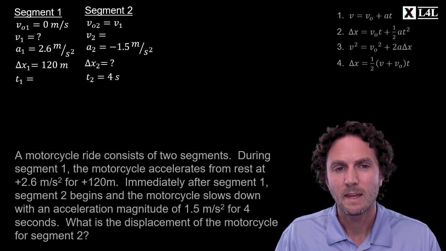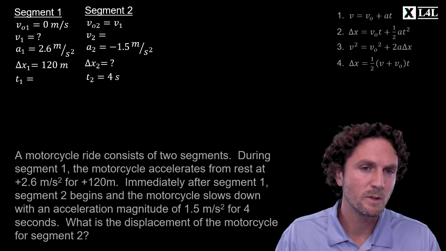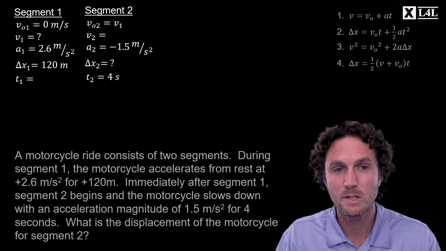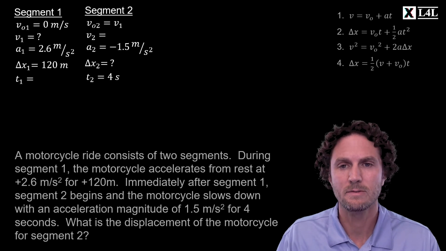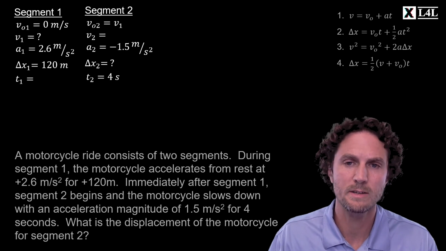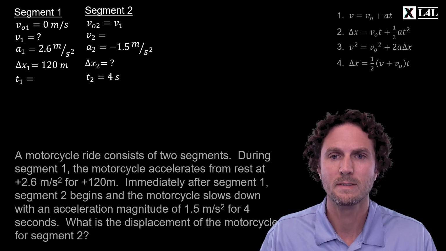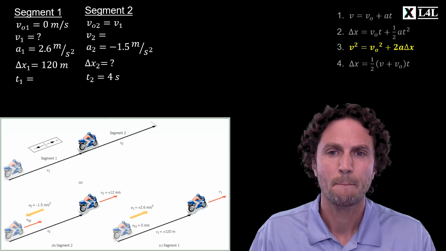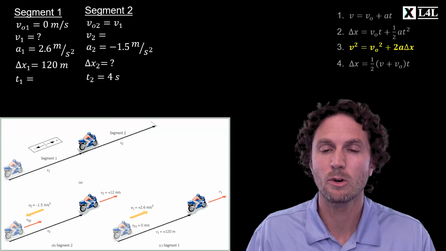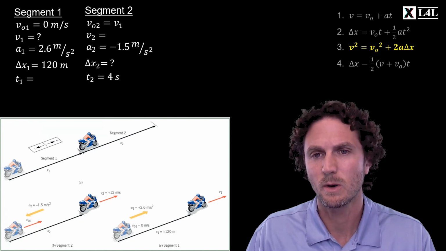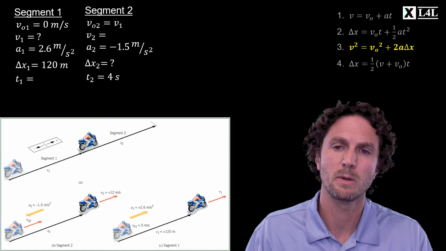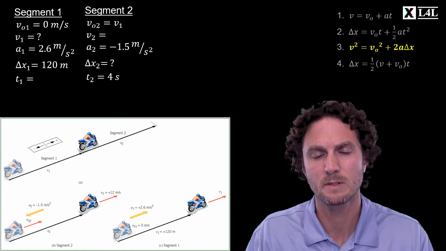First, identify the equation that has final velocity in it and does not have time. It's the third equation: final velocity squared is equal to initial velocity squared plus 2 times the acceleration times displacement.